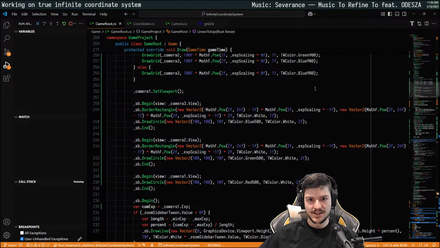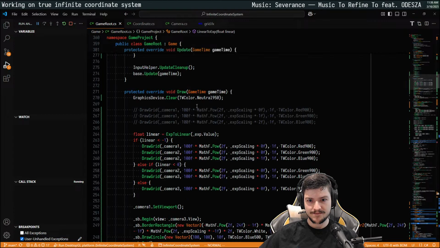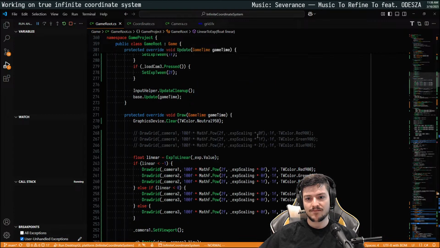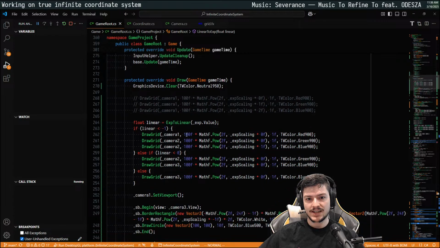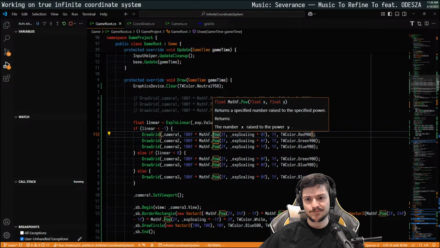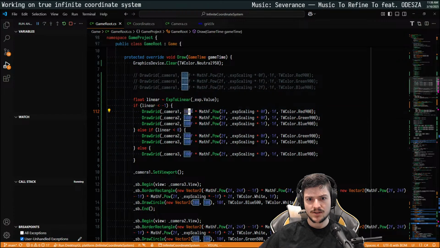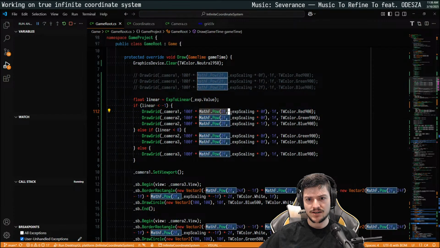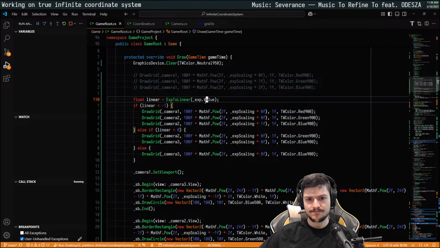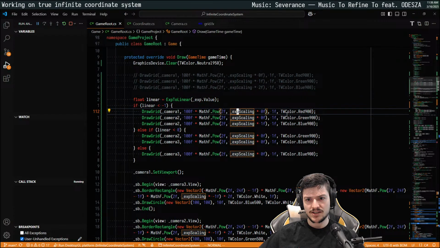Let me see just what I did here with this math. I guess the answer is this, right? You power. So in order to project 100 times the power, exponential scaling times 0.